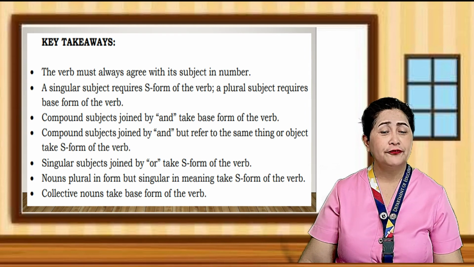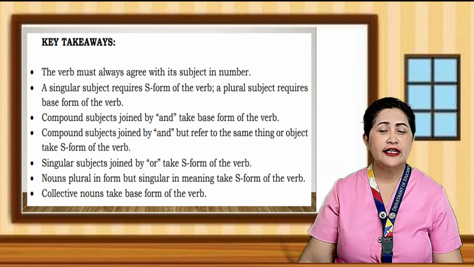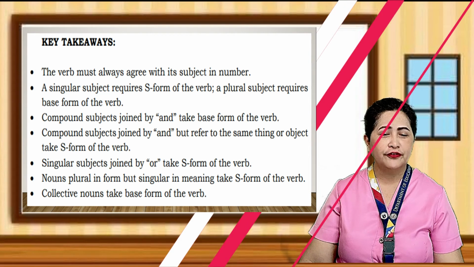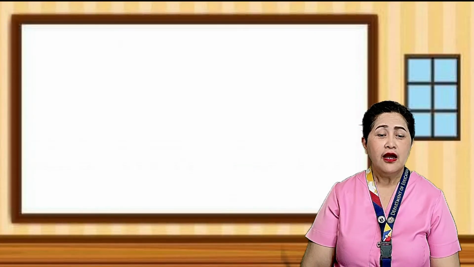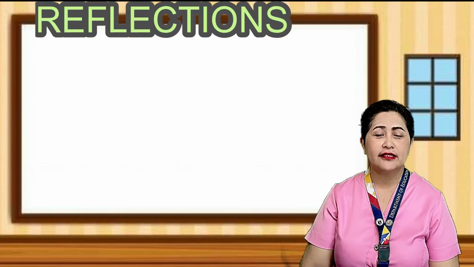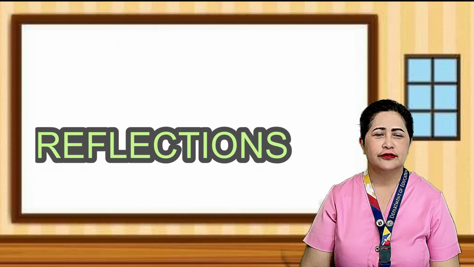Nouns plural in form but singular in meaning take S form of the verb. And the last is collective nouns, take the base form of the verb. So at this point, I could say that I have learned. So please continue with the statement that is your reflection.